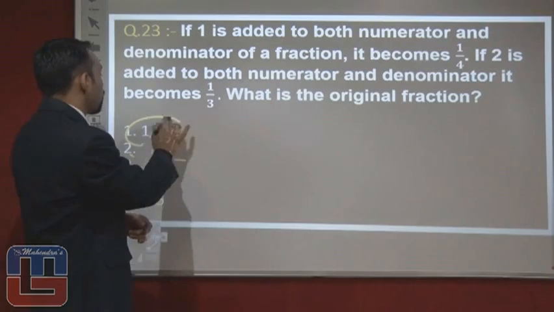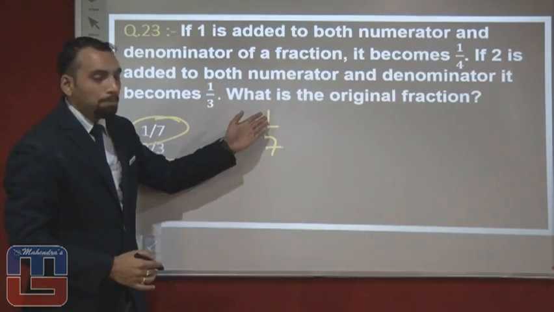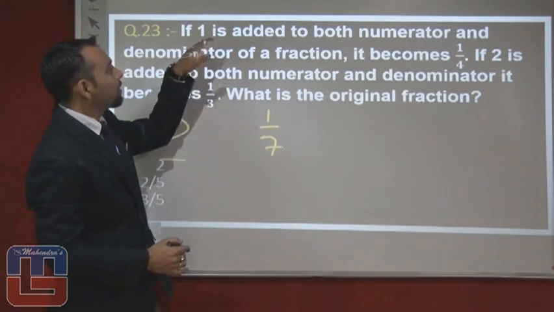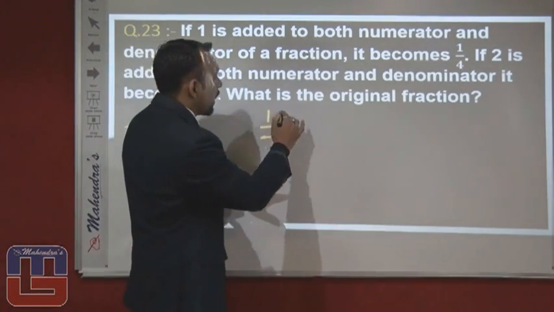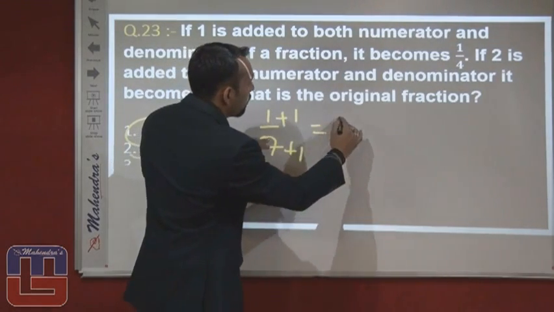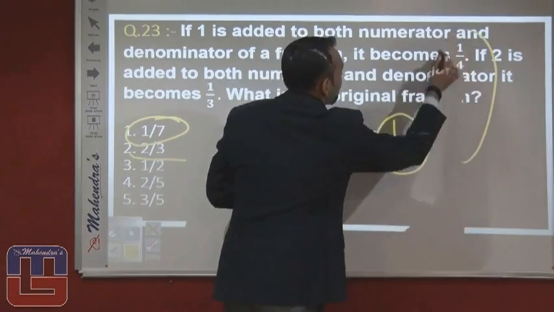Similarly, if we pick 1 by 7, now put the condition. The condition is 1 is added to numerator and denominator. If you add 1 and 1, it will be 2 by 8, which is equal to 1 by 4, and that is 1 by 4.